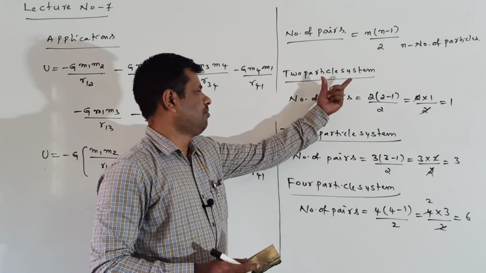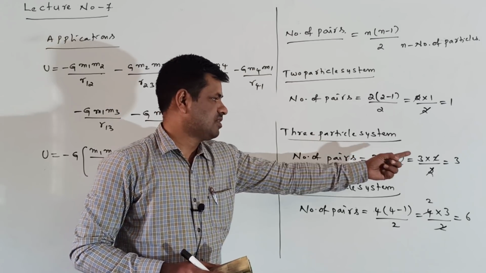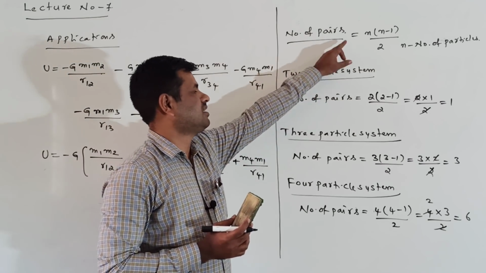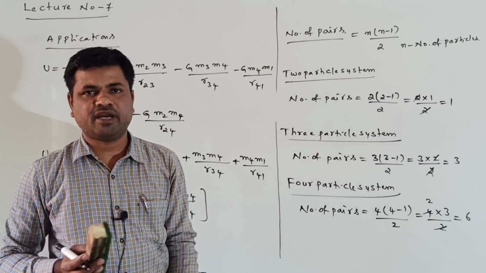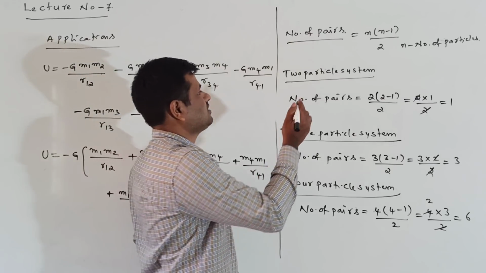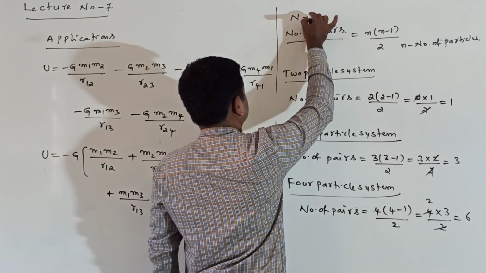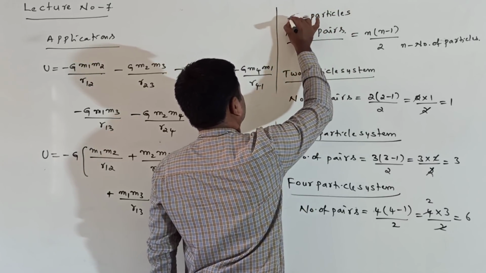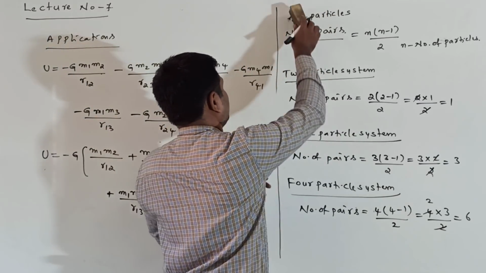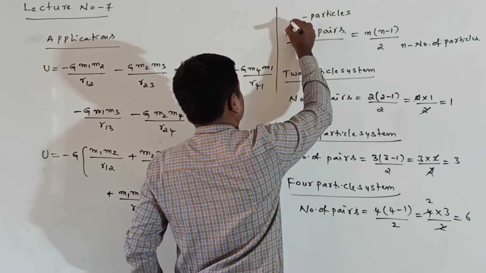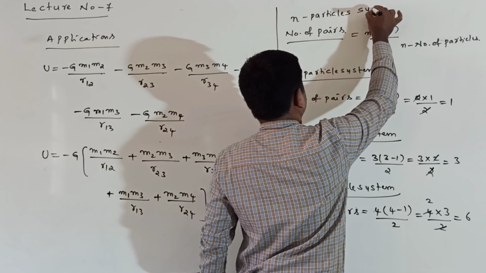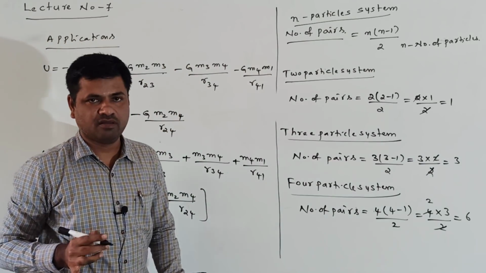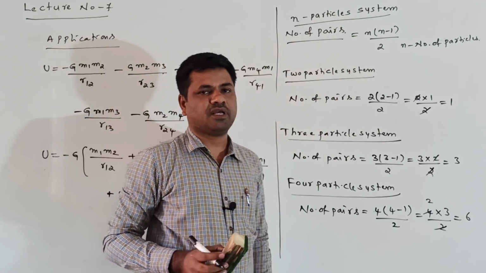Already we know that for a 2 particle system there is 1 pair, for a 3 particle system 3 pairs, and for a 4 particle system 6 pairs are coming. If an n particle system is considered, what is the formula? n into n minus 1 by 2. This is the number of pairs formula for an n particle system, where n represents the number of particles.